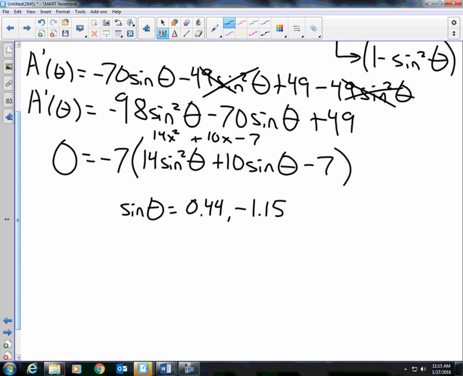What's the biggest that sine can be? What's the smallest it can be? So does the negative 1.15 come into play at all? Get rid of it. Back to some trig. Where is sine positive? Which two quadrants?